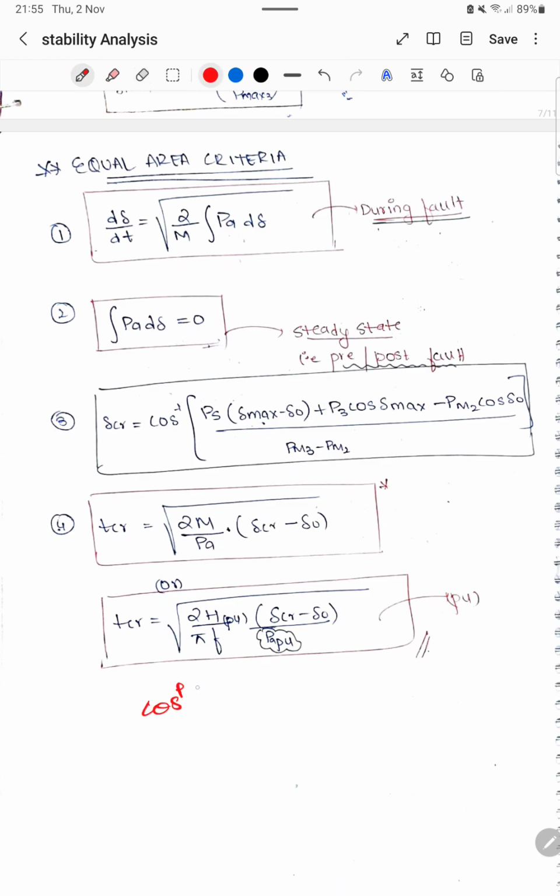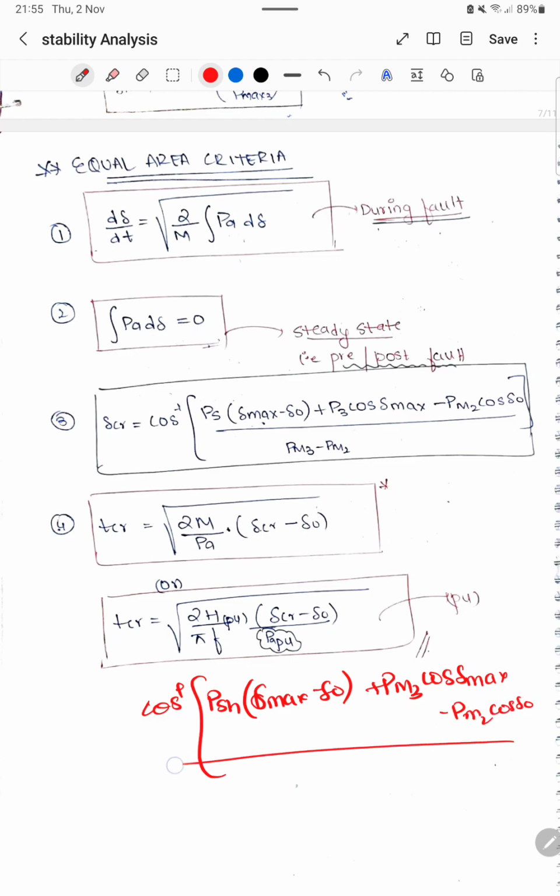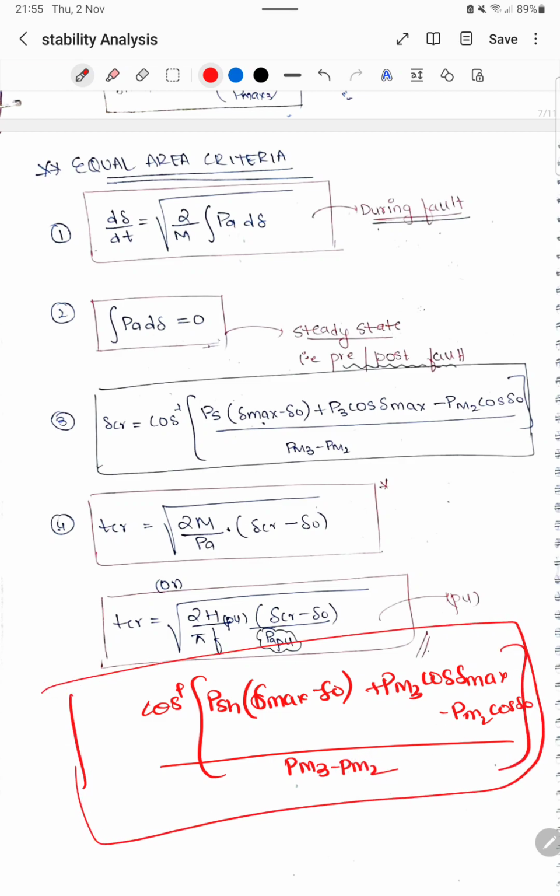Del CR is nothing but cos inverse of P shaft into del max minus del naught plus PM3 cos del max minus PM2 cos del 0 upon PM3 minus PM2. Fair? This is the formula for del CR.